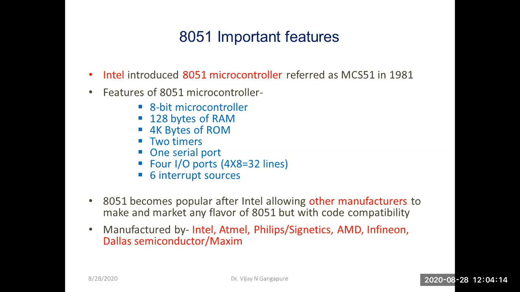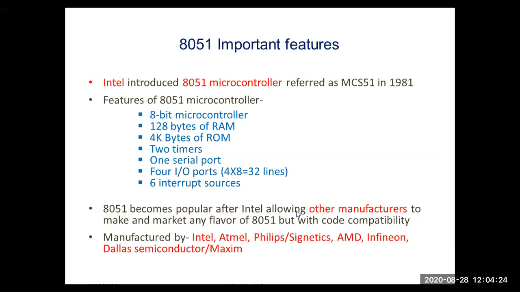So 8051 microcontroller becomes very popular after Intel Corporation allows other manufacturers, that is the manufacturer of other microcontrollers, to make and market any flavor of 8051 but with code compatibility.